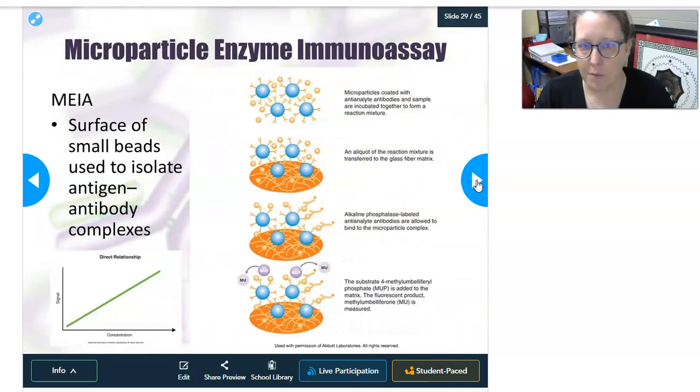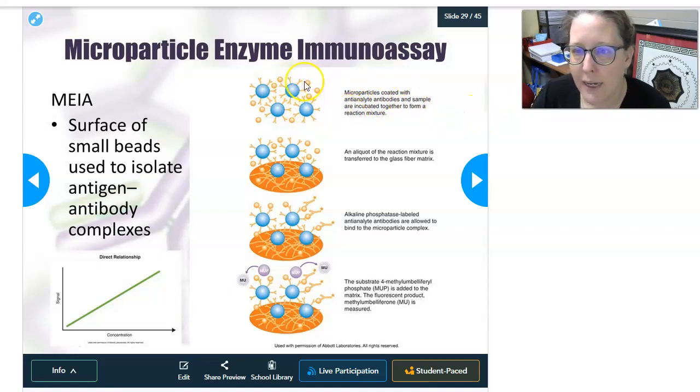Okay, so then you have the microparticle enzyme immunoassay. It's called MEIA. And in that one, the surface of small beads is used to isolate these antigen antibody complexes. This is another one that's directly proportional, meaning the more analyte is present in the sample, the stronger your signal will be. So you start out with the reagents that are microparticles that are coated with an antibody to the analyte.